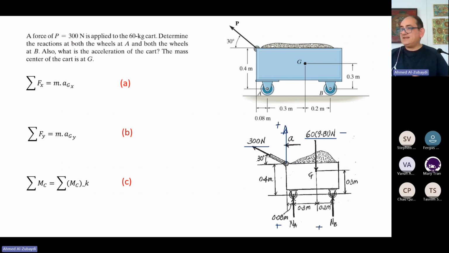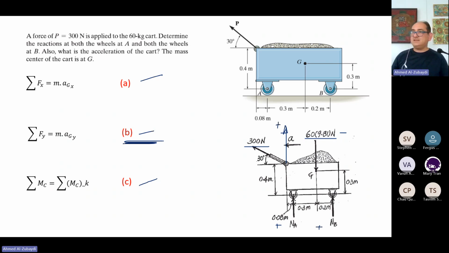So we can find the NA in terms of the NB. Now, we found the A from here, we found the NB in terms of the NA from here, and then we can use the moment around the point B to find what will be the value of the NA. Then we're going to substitute it to the equation we got from this relation to find the value for the NB.